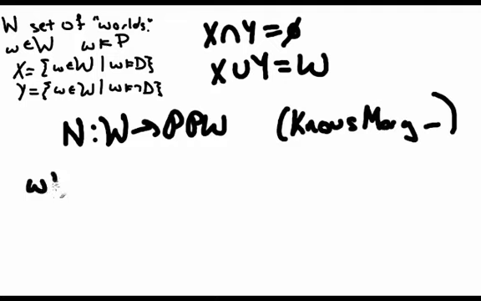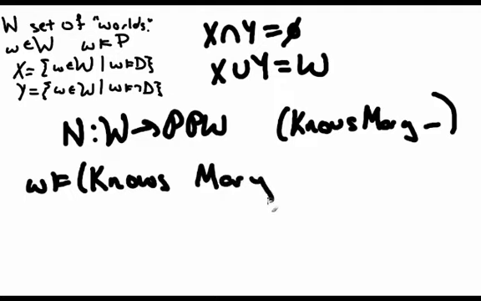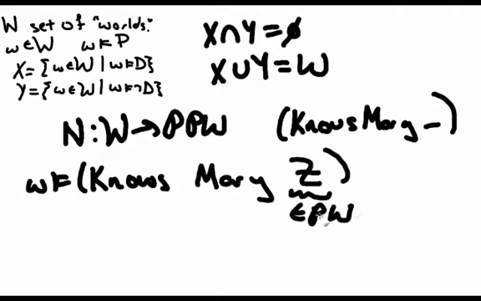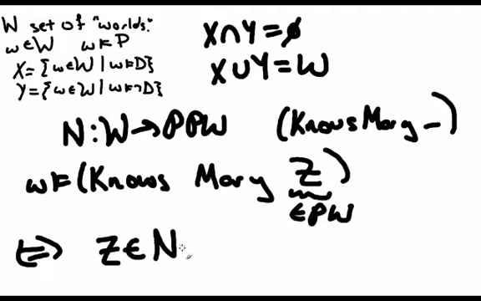And if we want to know if W makes knows Mary Z true, where this is some set of worlds, so in the power set of worlds, then we just ask, is Z a member of n(W)? This is for the n that corresponds to knows Mary.